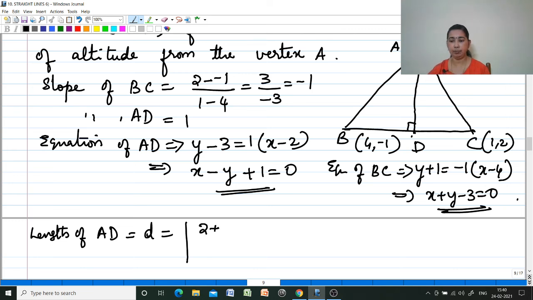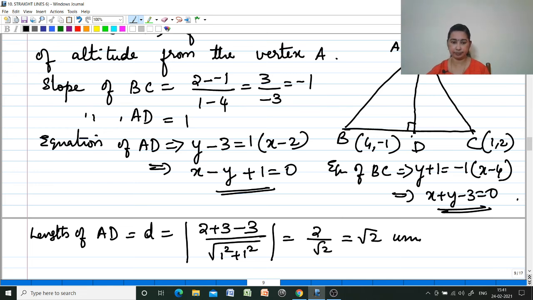So 2 plus 3 minus 3 divided by root of 1 square plus 1 square, that is 2 by root 2, which equals root 2 units. So the length of AD, the altitude from vertex A to BC, is root 2 units.